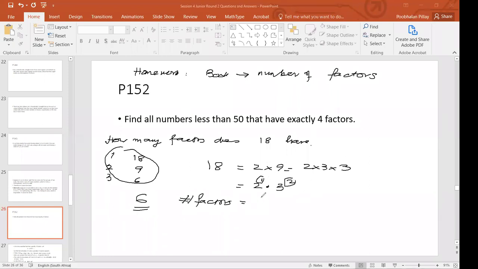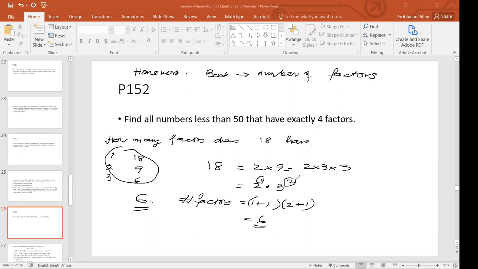Take the indices only, and increase each index by 1. The index of 2 is 1, so 1 plus 1, in a bracket, multiplied by the same thing for the other index, 2 plus 1. We stop here because you only have 2 indices. This is 2 times 3, and there it is, 6. You can get to this answer by the simple formula.